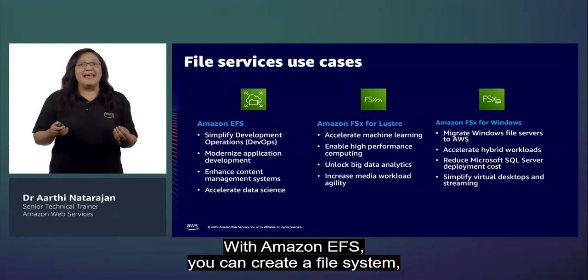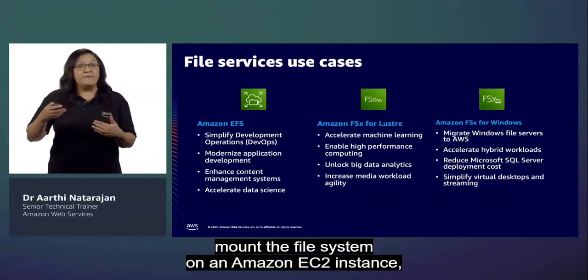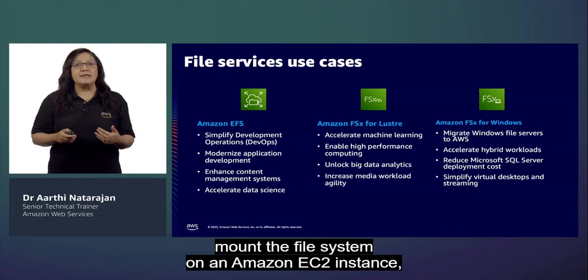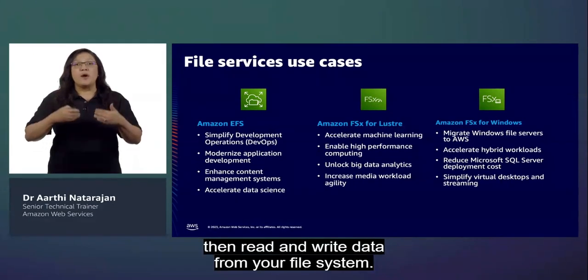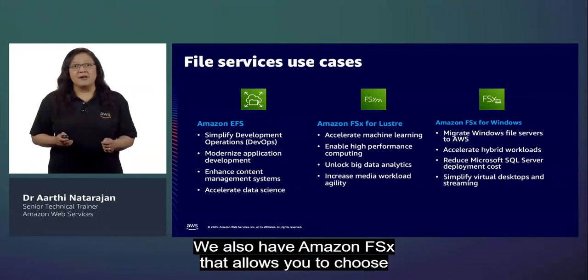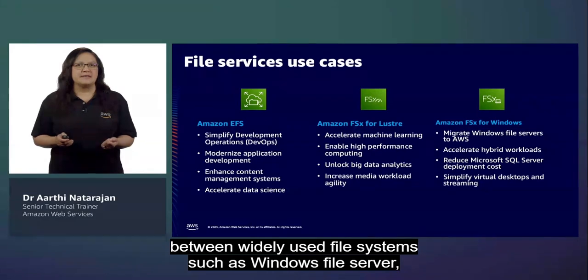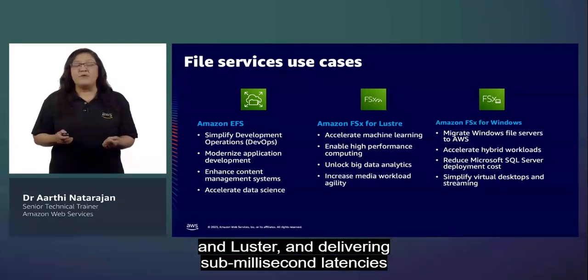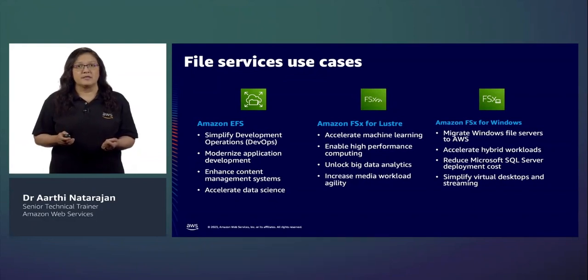With Amazon EFS, you can create a file system, mount the file system on an Amazon EC2 instance, then read and write data from your file system. We also have Amazon FSx that allows you to choose between widely used file systems such as Windows File Server and Lustre, delivering sub-millisecond latencies and high throughput.